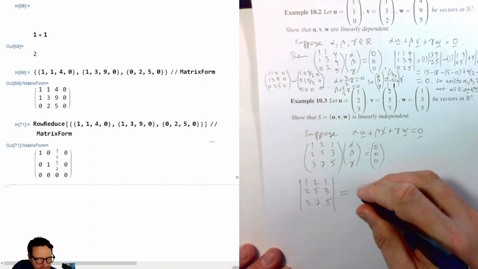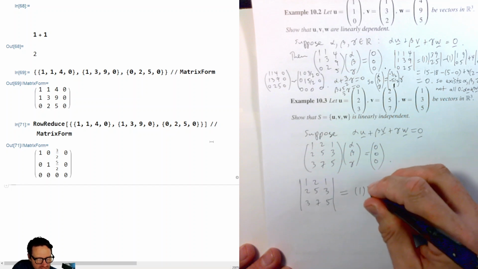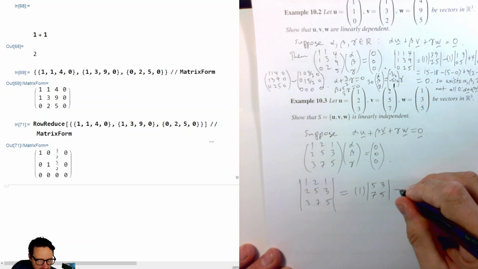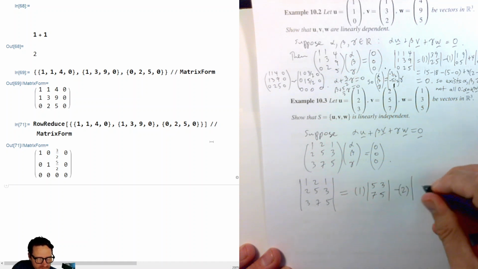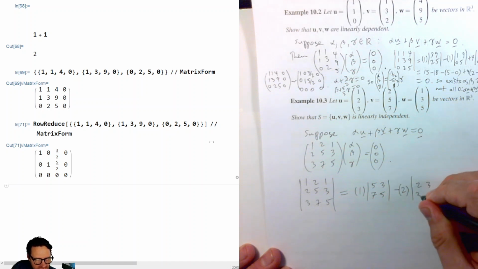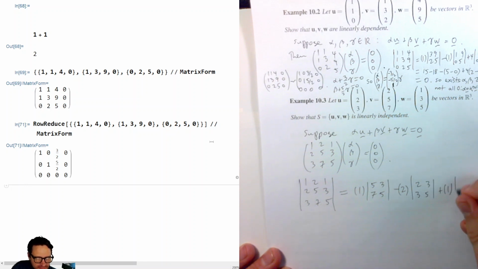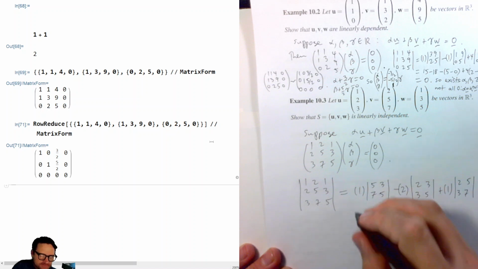is equal to 1 times 5375 minus 2 times 2335 and plus 1 times 2, 5, 3, 7.